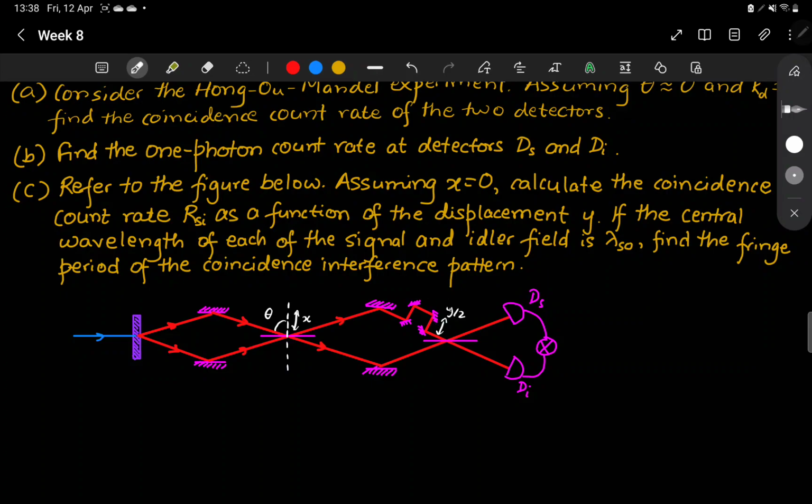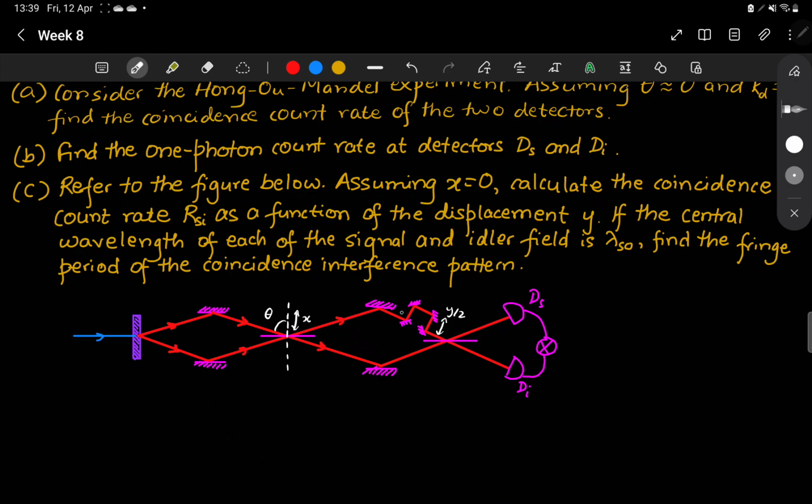Then we have this y also. So this y by 2 is the delay that is being caused over here, this distance by this mirror arrangement.